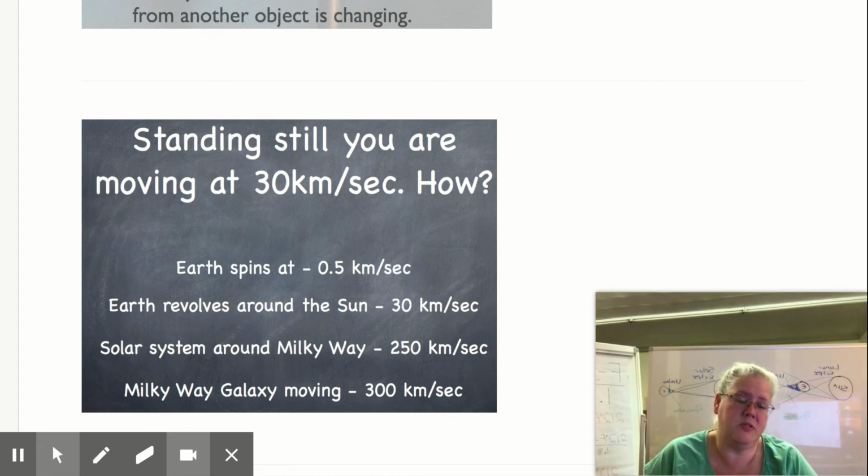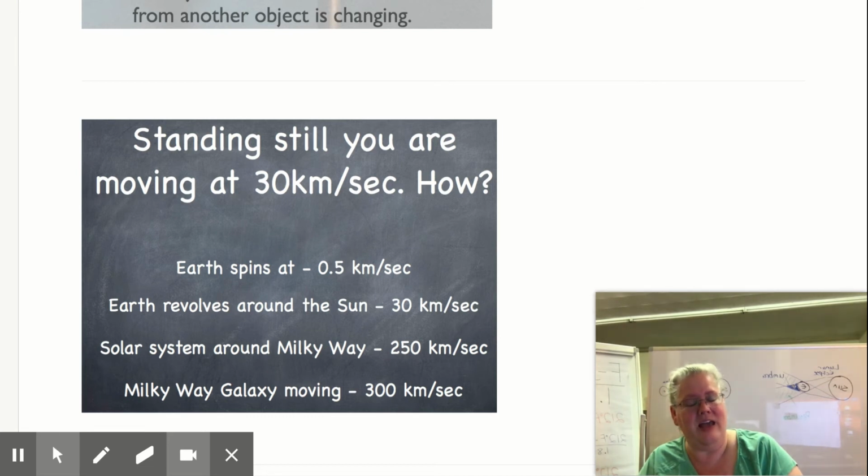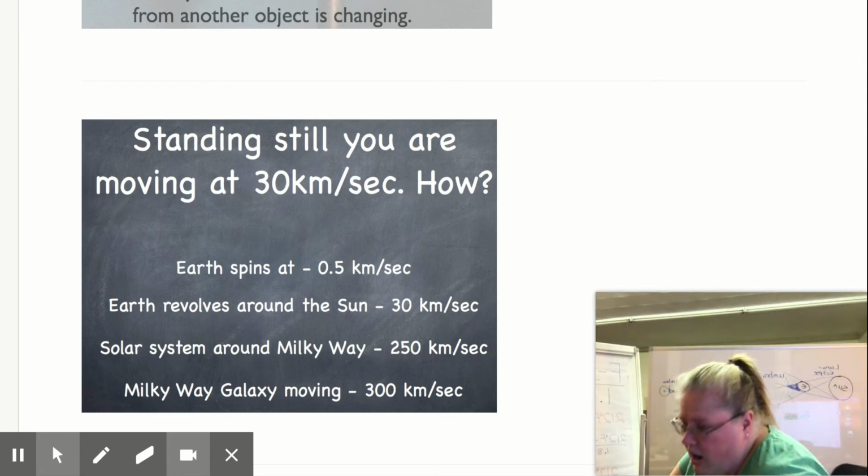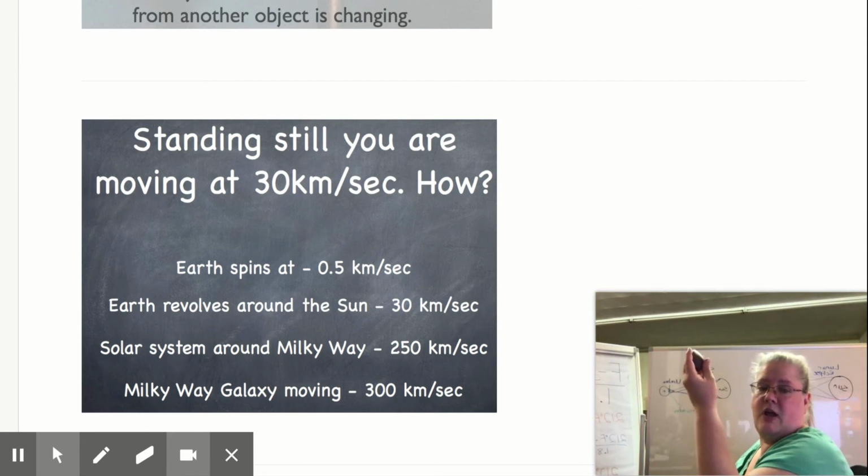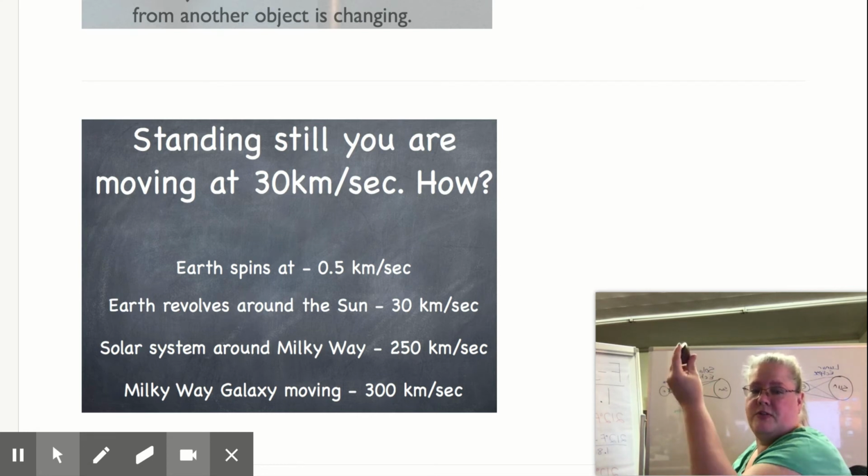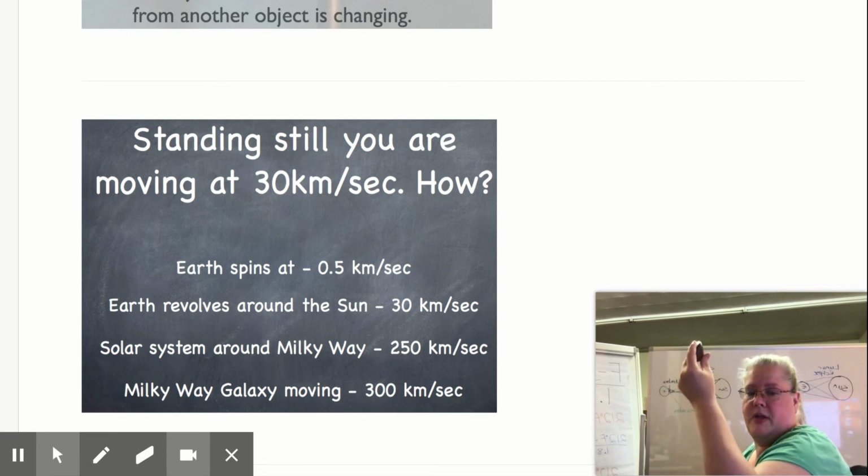It's also the same reason why you're not really moving when you're in a plane, because relative to the seats and the aisle, you really aren't moving. And you have forward motion with the plane, you have forward motion with the car. So if I was in a car and I was throwing this rock up and down, from my point of view, this would be going up and down.